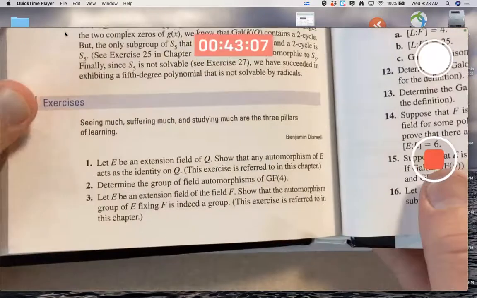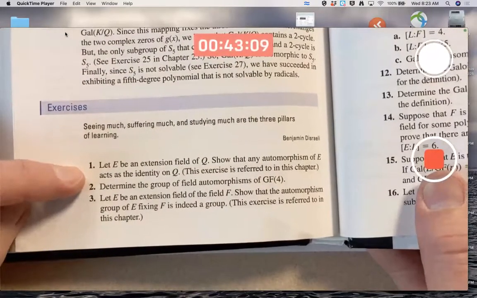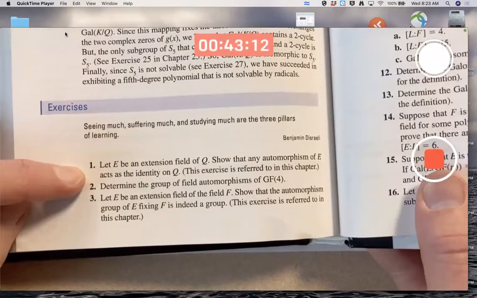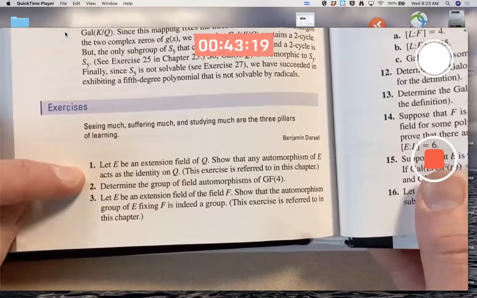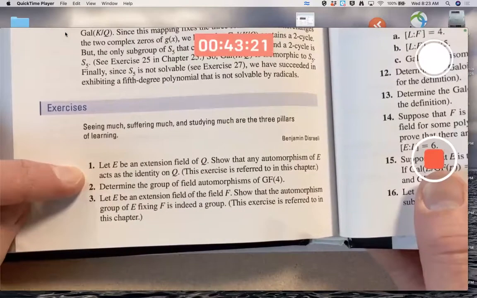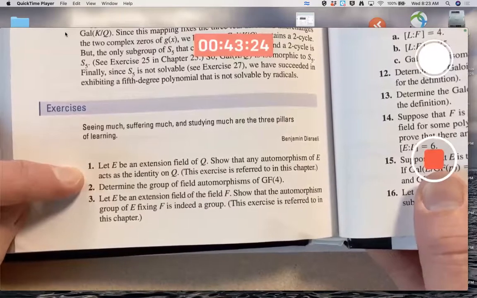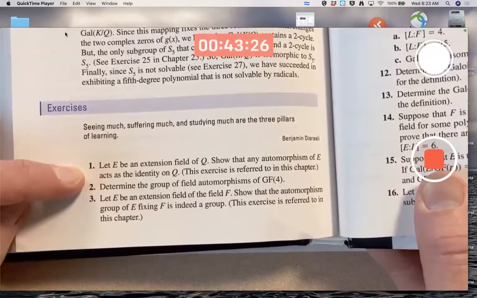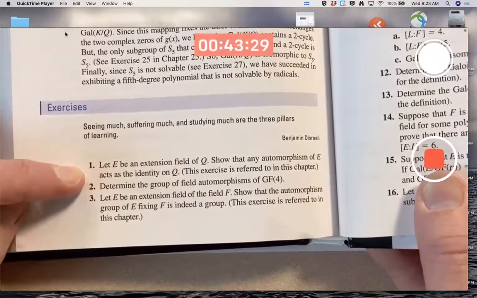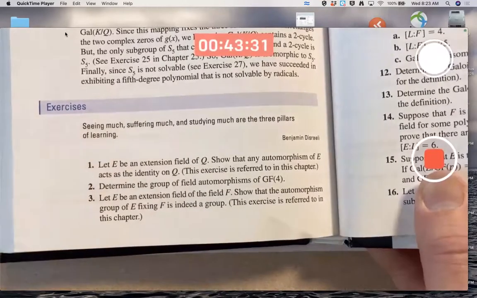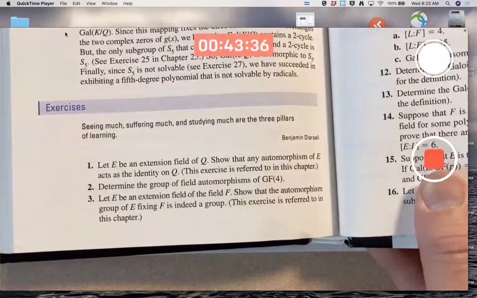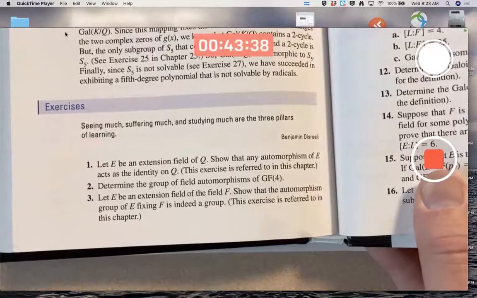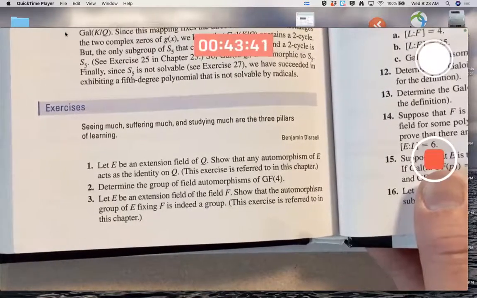says this: let E be an extension field of Q, any extension field of Q. Show that any automorphism of E acts as the identity on Q. In other words, it turns out it's got to be in the Galois group of E over Q. Any automorphism of E will automatically be in the Galois group of E over Q, not necessarily E over some other field between Q and E. It won't necessarily be in the Galois group of that.